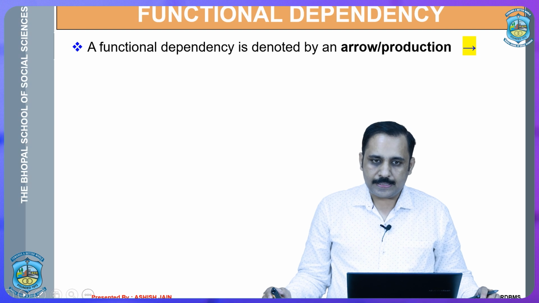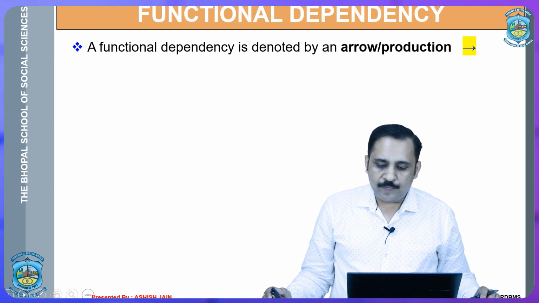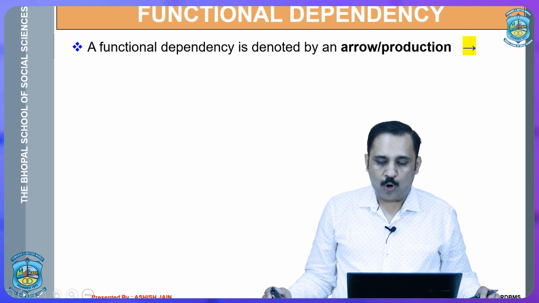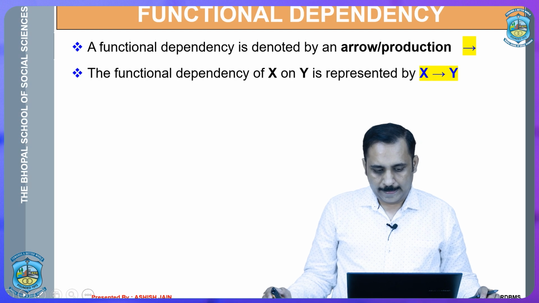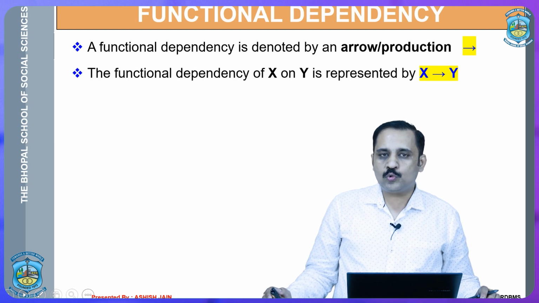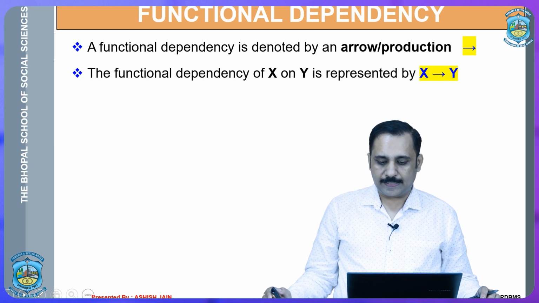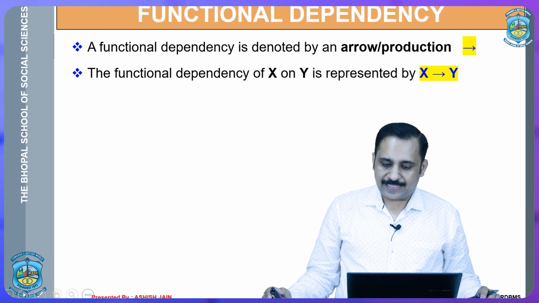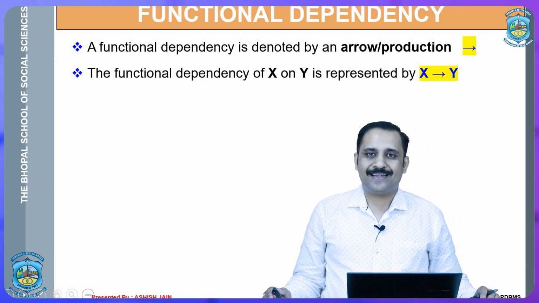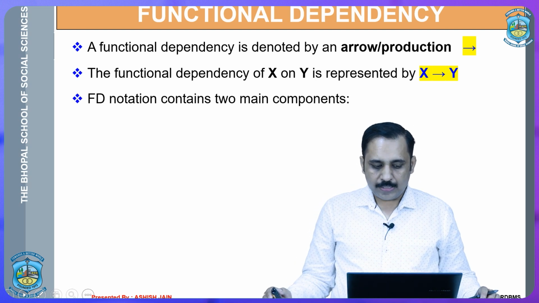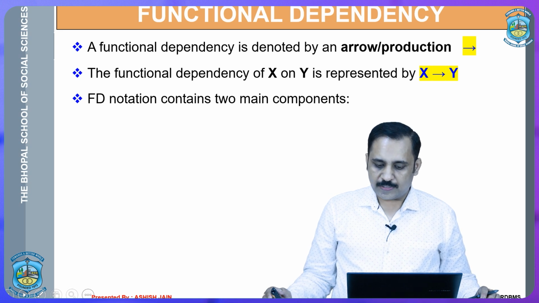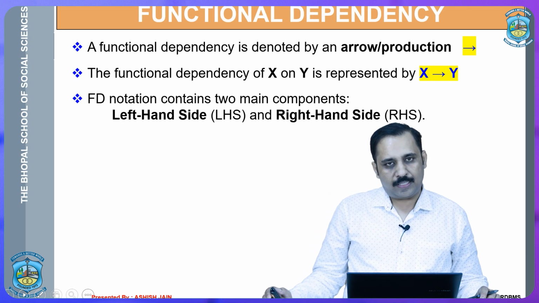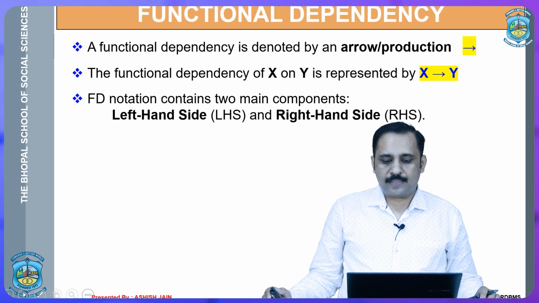A functional dependency is a kind of notation in which we use an arrow symbol. This dependency is between two fields or two columns, say X and Y, and we represent them as X → Y, or we say that X determines Y. Here we have two main components of this functional dependency. First is the left hand side part and second is the right hand side part.